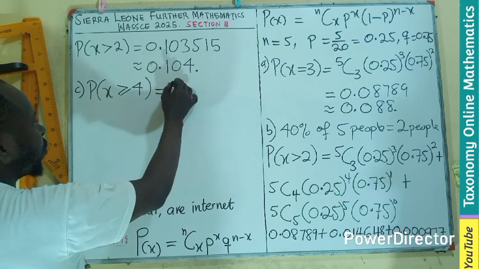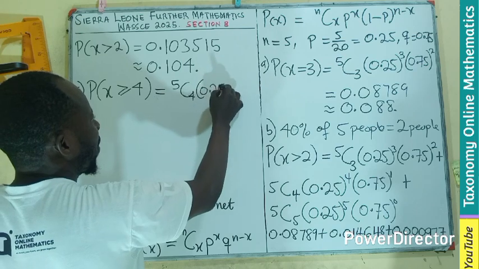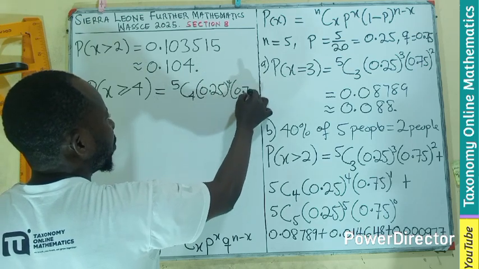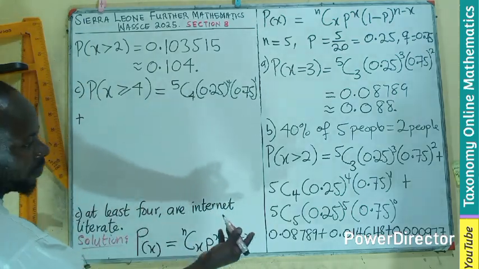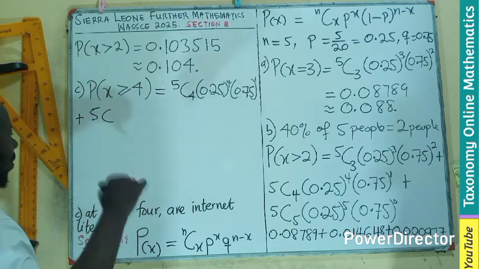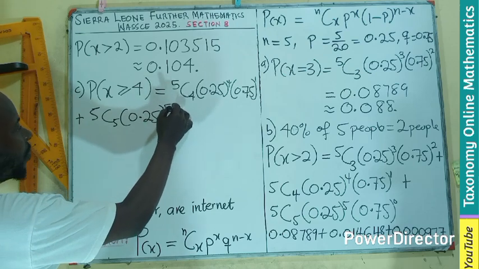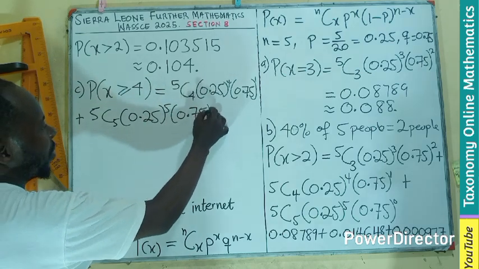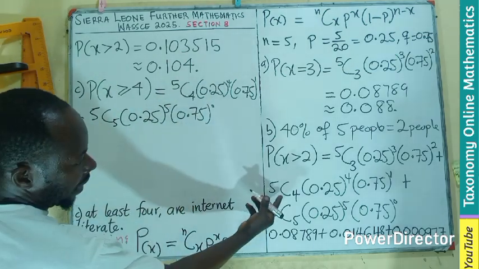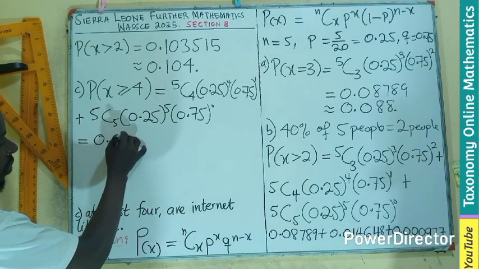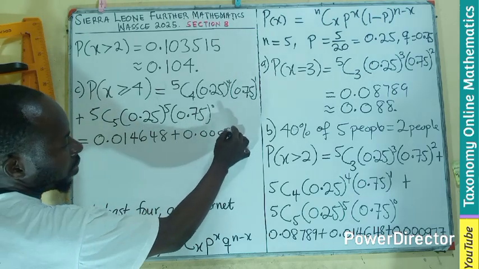This equals 5 selecting 4, 0.25 power 4, 0.75 power 1, added to 5 select 5, 0.25 power 5, 0.75 raised to 0. The results are 0.014648 plus 0.000977.